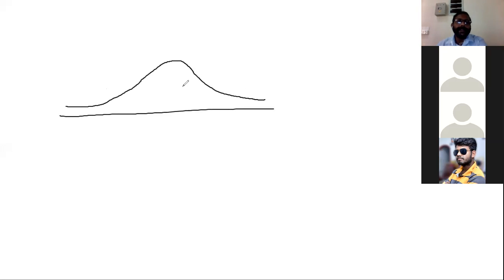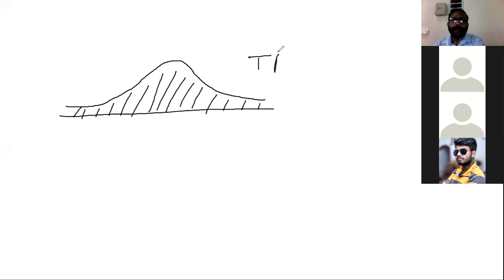Don't worry about the bell shape. Assume this is a normal distribution. When you talk about the area, we have made the total area, TA. Write it as total area, don't write TA, or you won't remember later. Total area is equal to 1. Total area under the curve is 1.